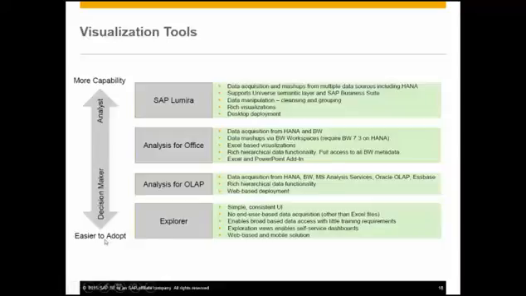It's the easiest to use, and Lumira is more sophisticated. So I guess if you learn Lumira well, you will be able to use Explorer. If for some reason your company has that available, then you can use that to produce reports and analyze data very easily.